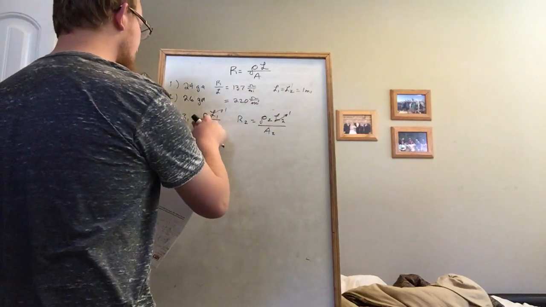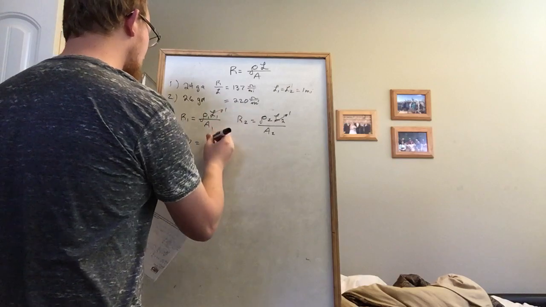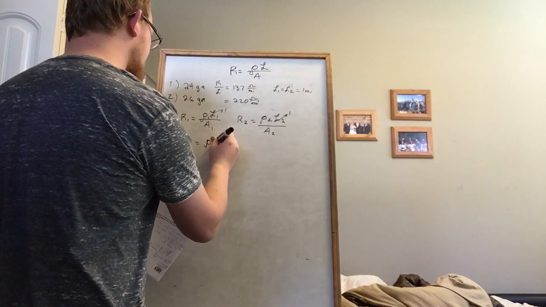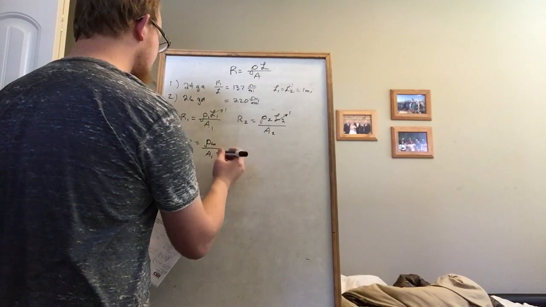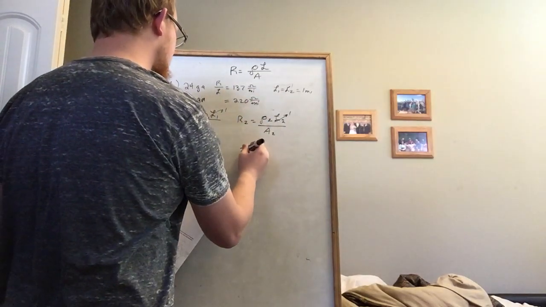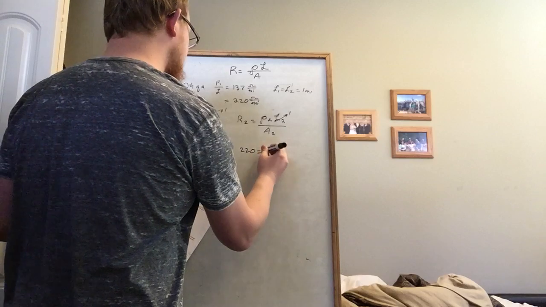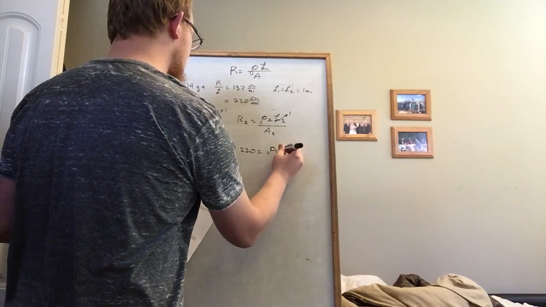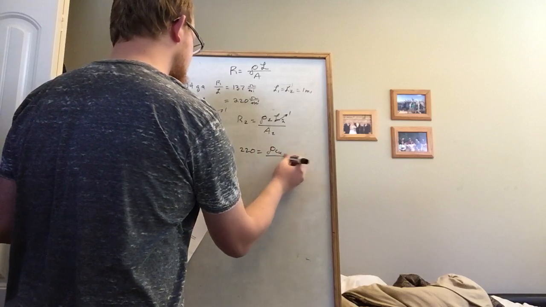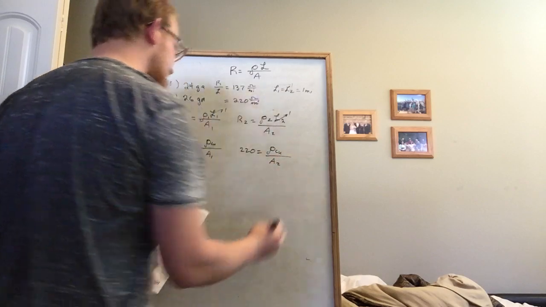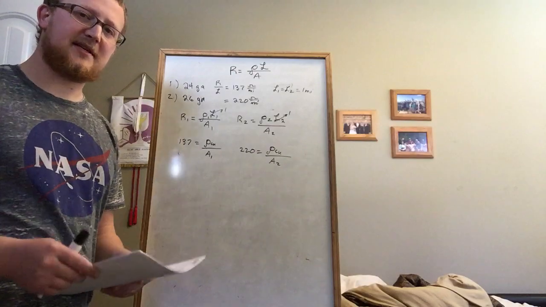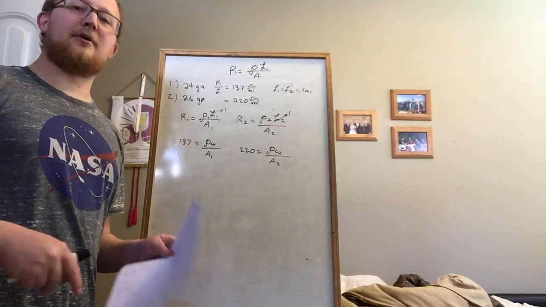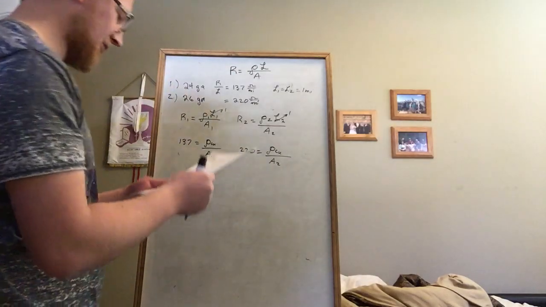So we can replace rho 1 with rho of copper, rho Cu, divided by area 1. And then for this one, 220 ohms is equal to rho Cu divided by A2. And this is going to come in handy. You won't actually need to know the resistivity of copper, because we're making a ratio, so those will cancel out.